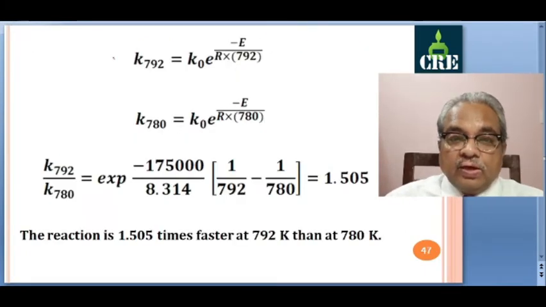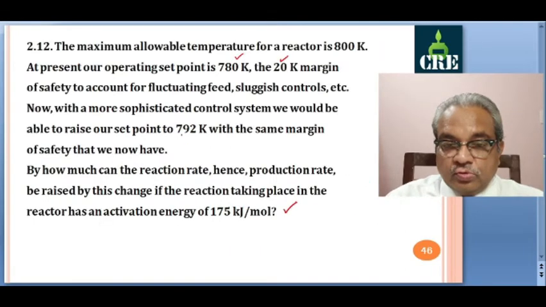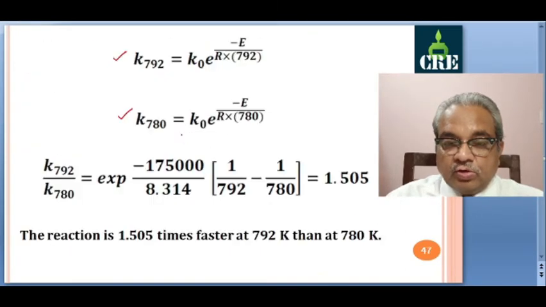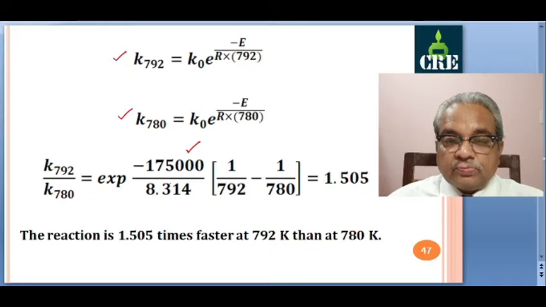So k at 792 and k at 780, we write the equation. Taking the ratio, k at 792 by k at 780 is equal to exponential of minus 175,000 joule per mole, that is 175 kilojoule per mole, divided by R, which is 8.314, times 1 by 792 minus 1 by 780, and this comes out to be 1.505.